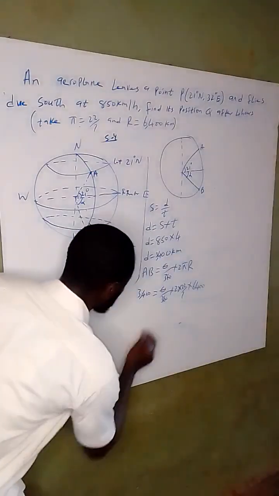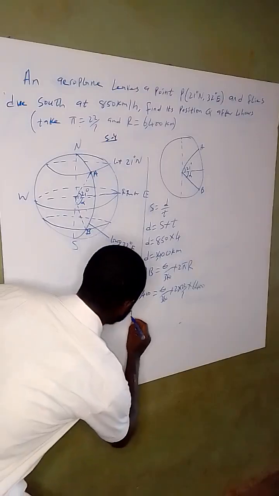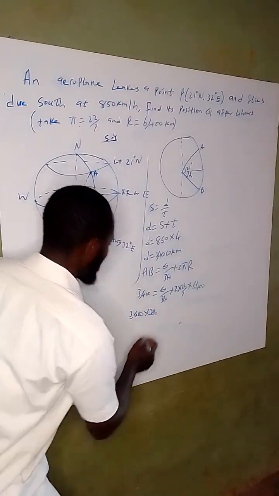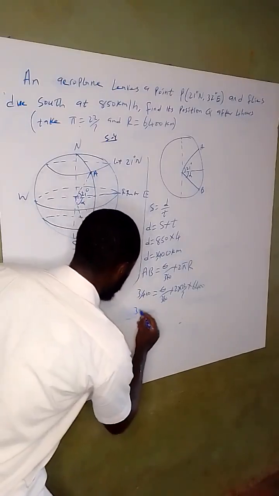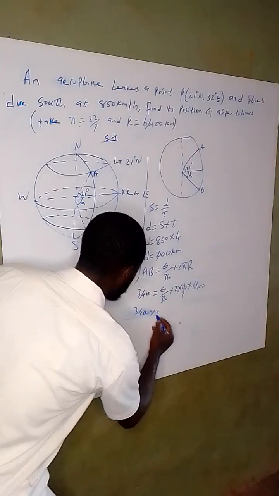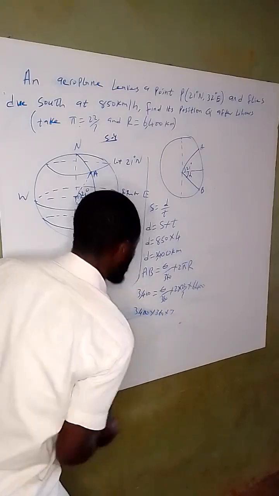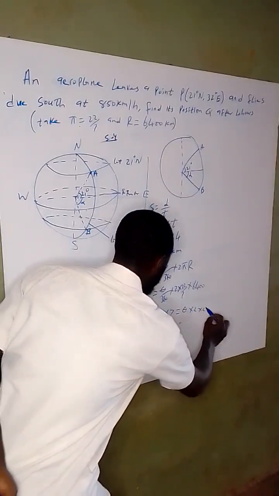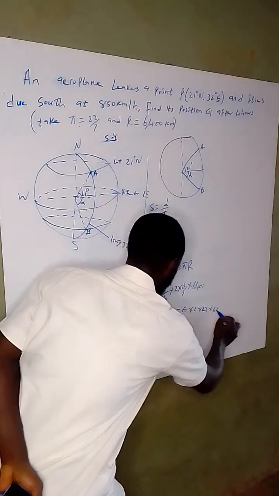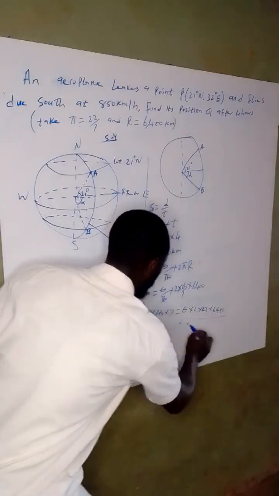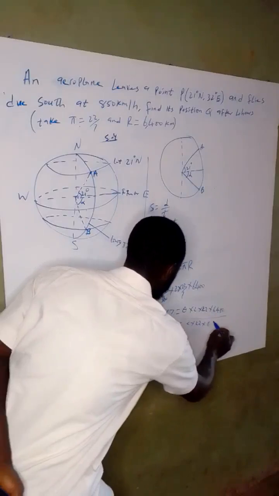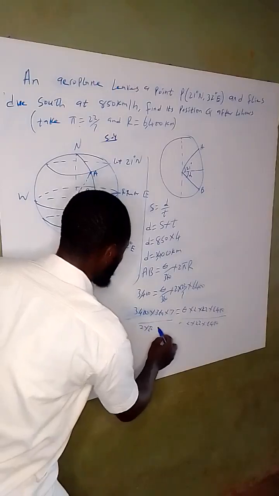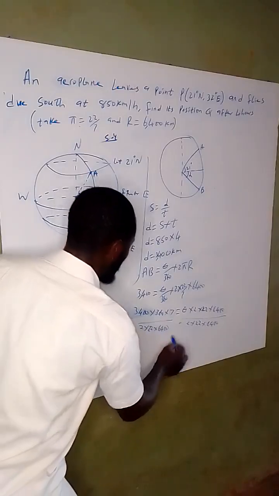By cross multiplication, we have 3,400 times 360 times 7 equals theta times 2 times 22 times 6,400. Divide both sides by 2 times 22 times 6,400.